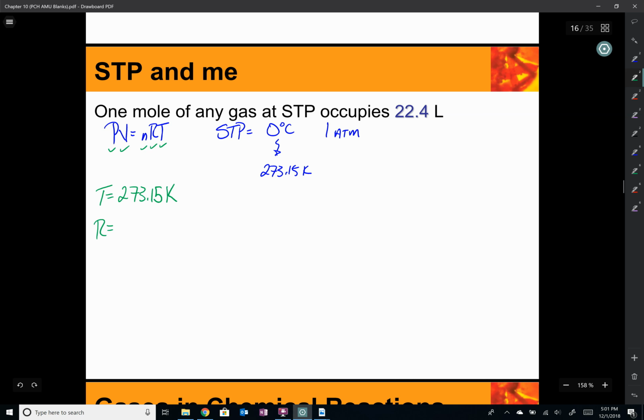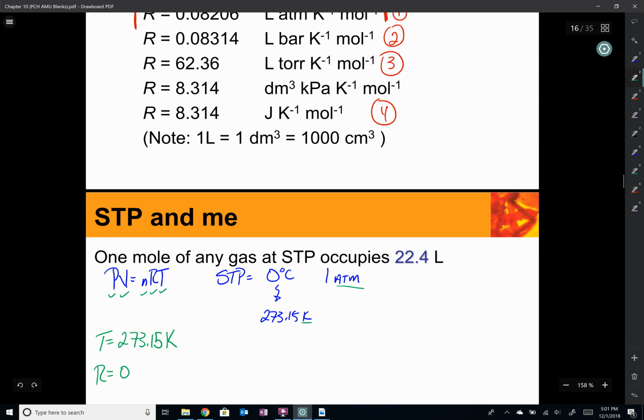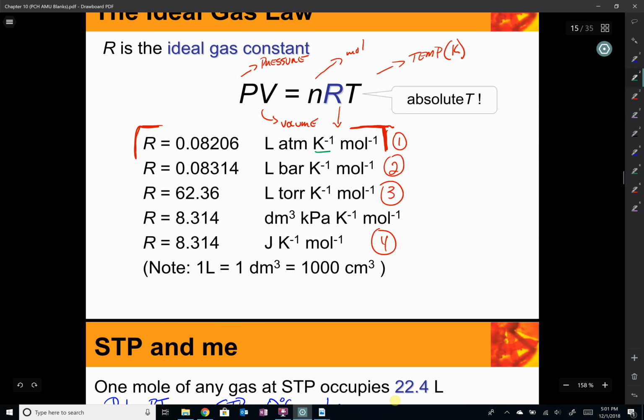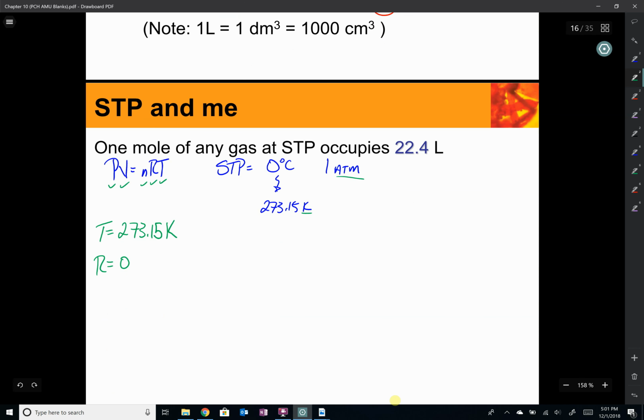R is a constant. Given that we're in units of Kelvin and atmospheres, I'm going to be using this constant right here: 0.08206 liters atmospheres per mole Kelvin. There are the units.